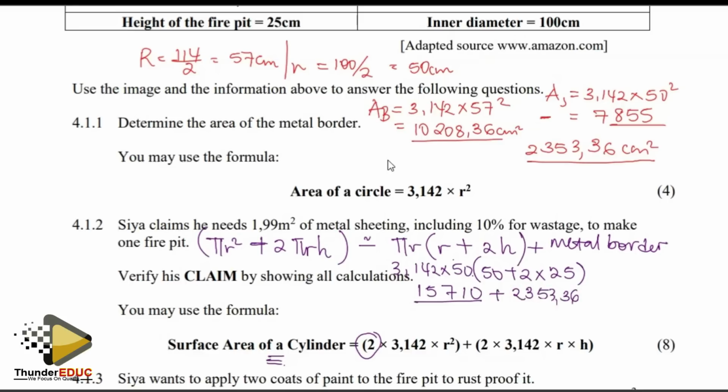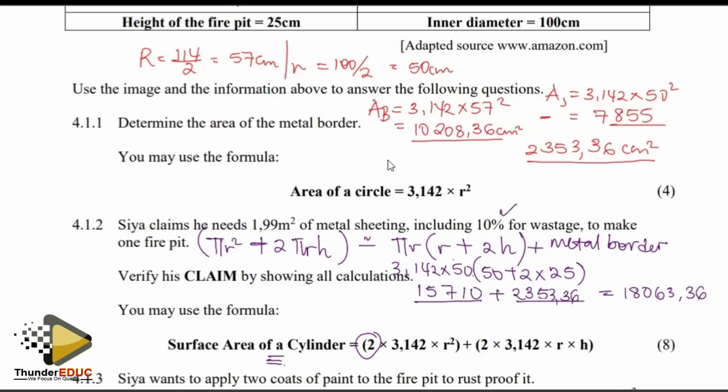So when you add on the one for metal bar, 2353,36, you get 18,063,36.